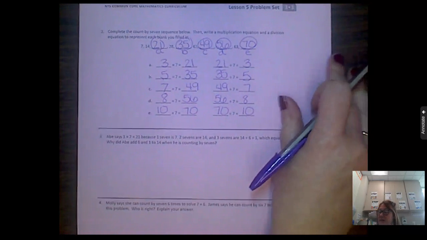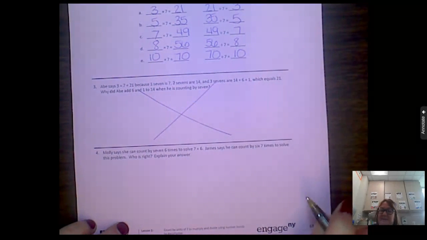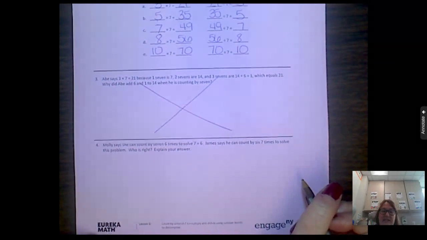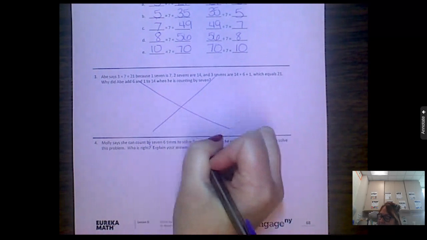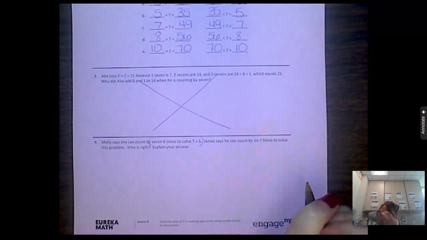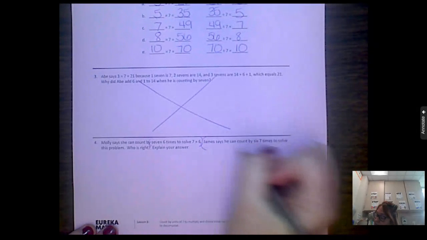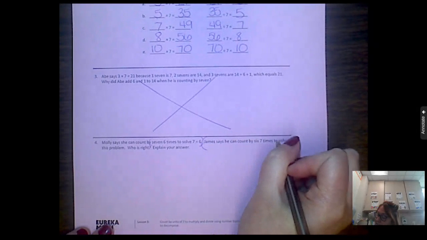Okay. And here's a present. We're going to cross out number 3. And let's do the last one together. Okay. So Molly says she can skip count by 7 6 times to solve 7 times 6. James says he can count by 6 7 times to solve this problem.